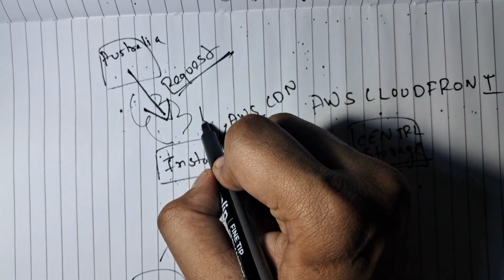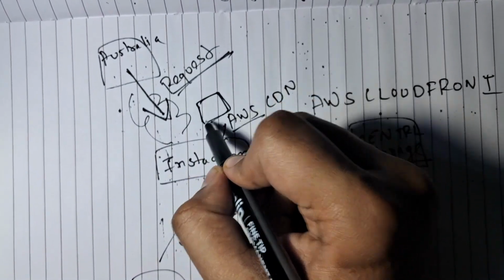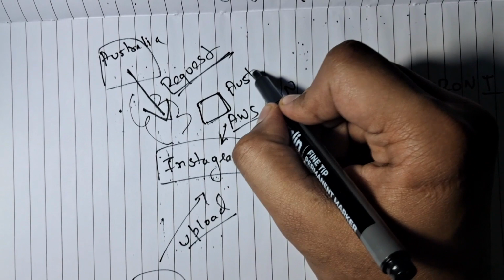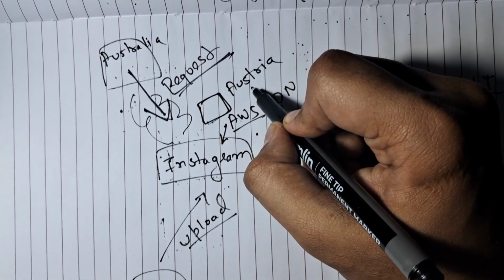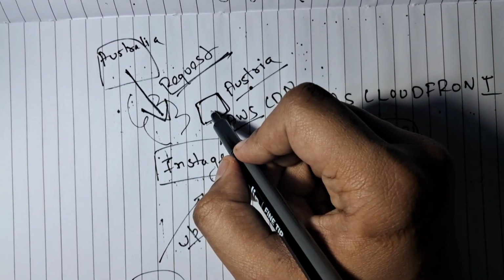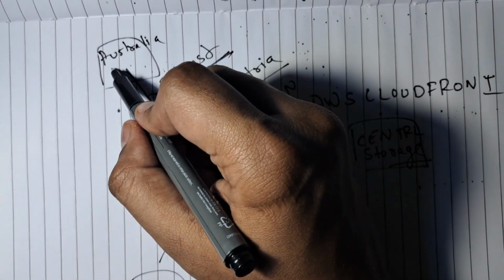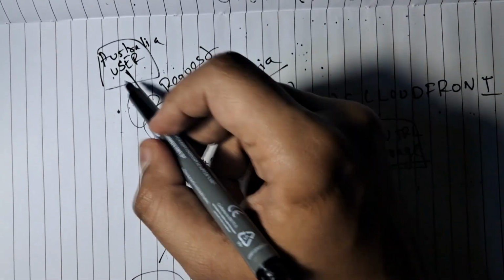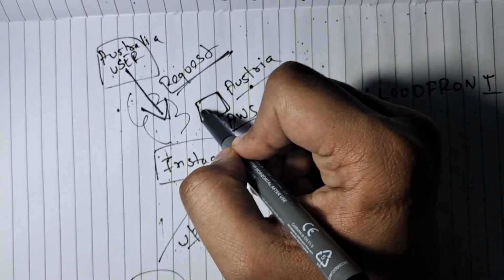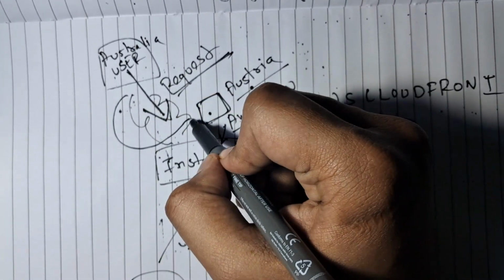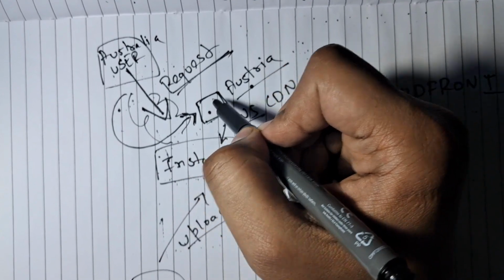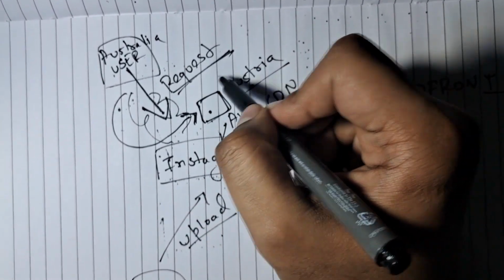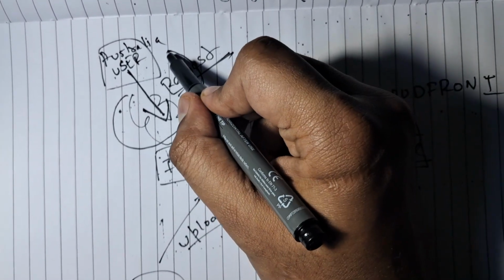There will be an edge location in Australia where it will store this image. Whenever this Australian user requests to see the image a second time, the request will come to that Australian region, and from this region only the image will be provided to the user.